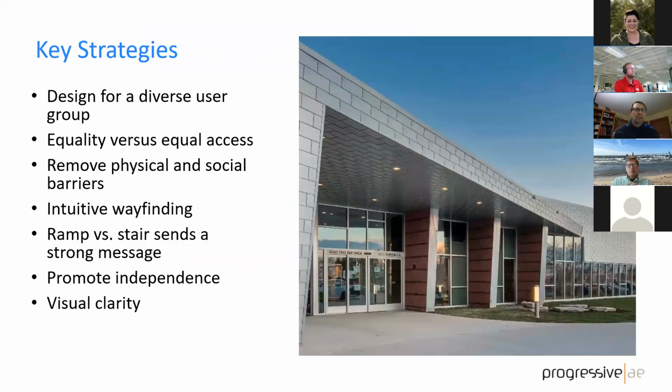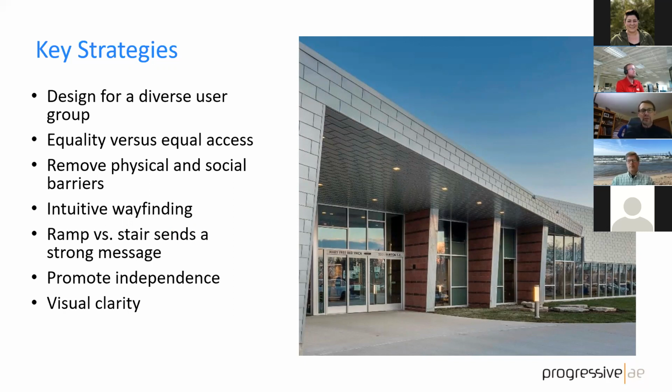Next. So there's a bunch of key strategies when it comes to universal design. I'll just hit some of these, maybe give you an example or two. Again, when you think about universal design, it's about designing for a diverse user group. It's not designing for the able-bodied individual, which is typically what happens today. So this is about a diverse user group. And it's about designing for equality versus equal access.